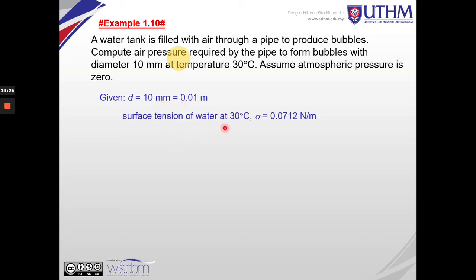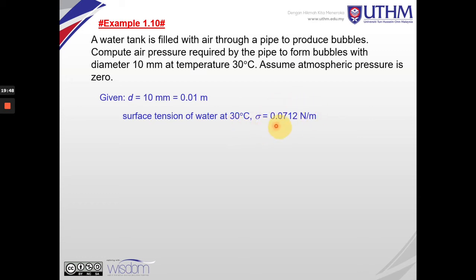The surface tension of water is 0.0712. You can look at this value from the previous slide, the table of different fluids and their surface tension, so we get the surface tension of water at 30 degrees Celsius.